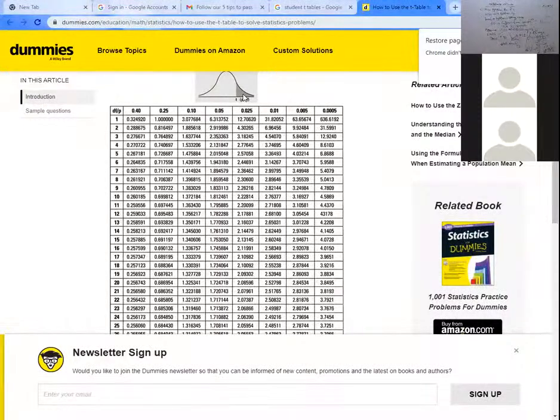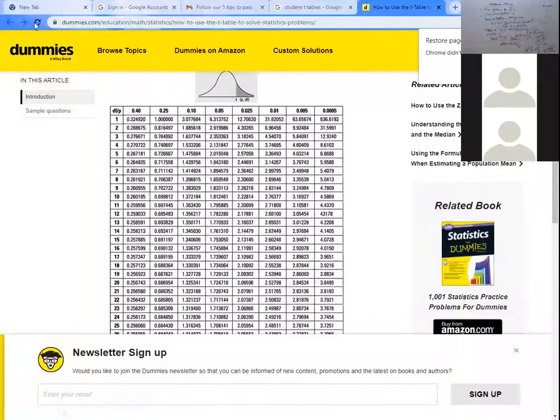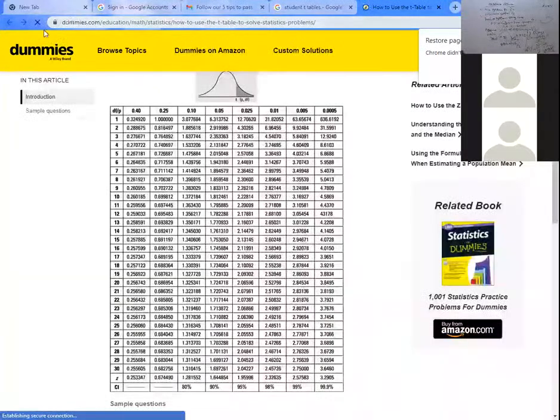Our right-hand tail is 0.025, so I come to 0.025 and walk along the degrees of freedom up to 9, and I see 2.262. But I would want to use the table that we really need.